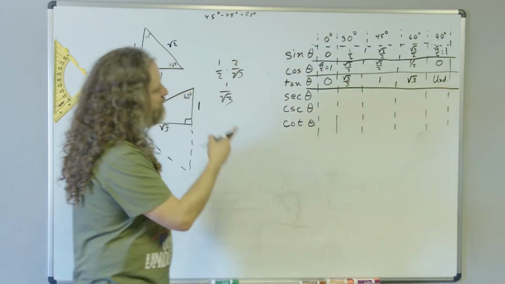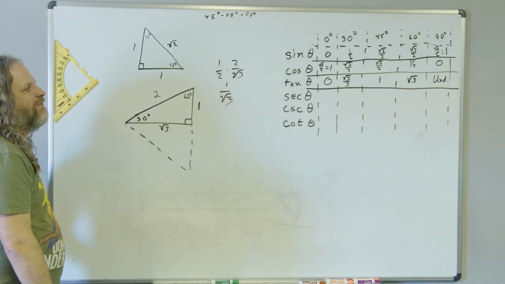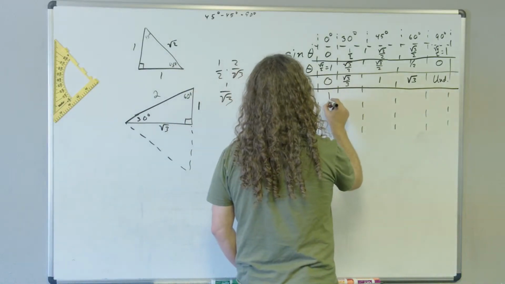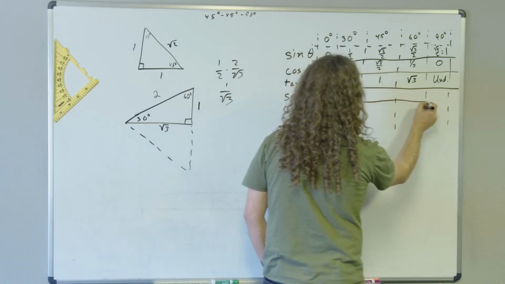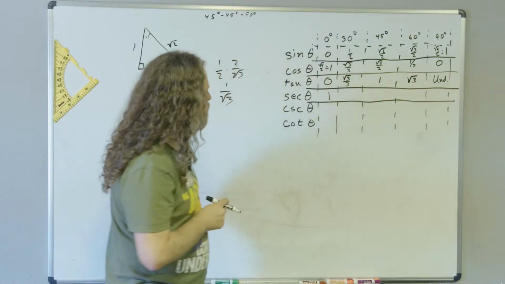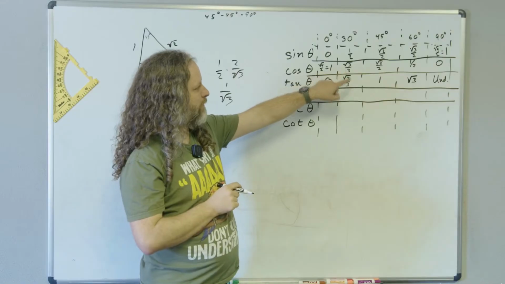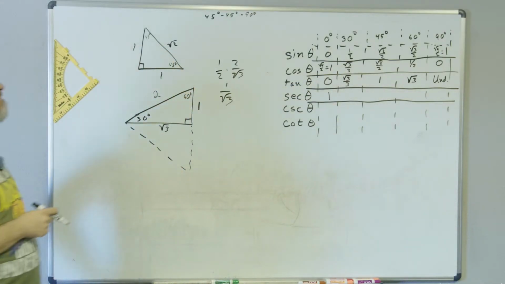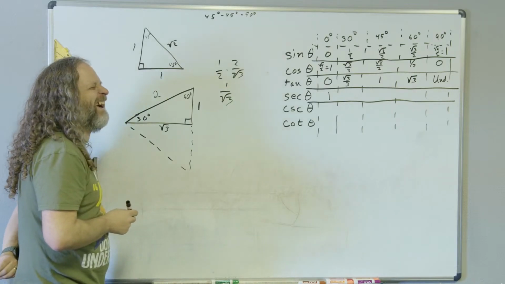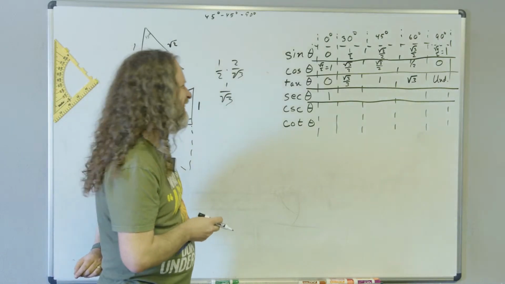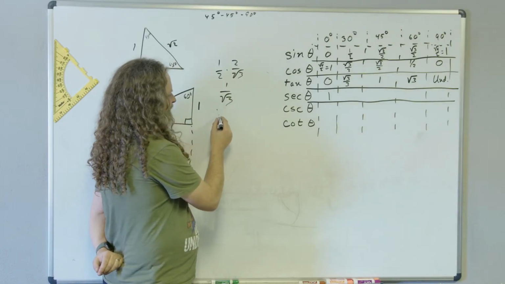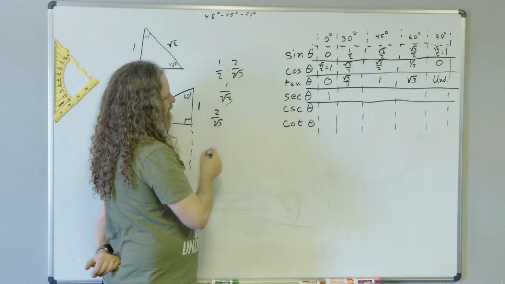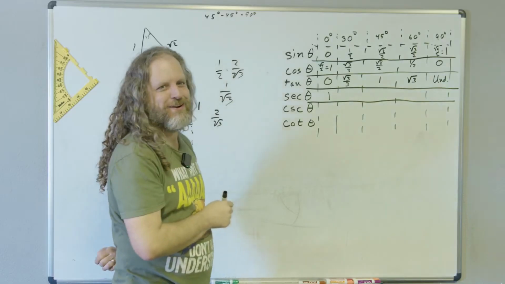And secant is just 1 over cosine. What's 1 over 1? 1. What's 1 over square root of 3 over 2? We just have to flip it over, 2 over square root of 3, and then that's 2 times the square root of 3 over 3.